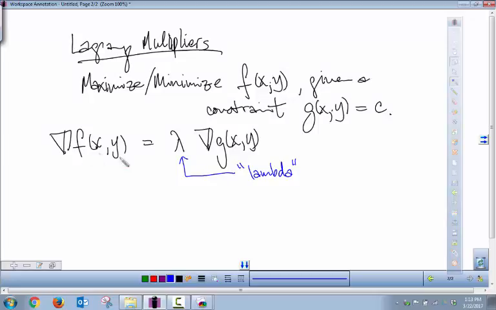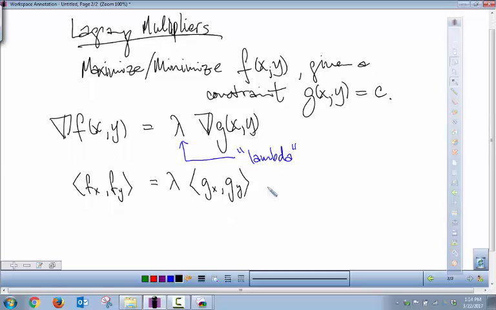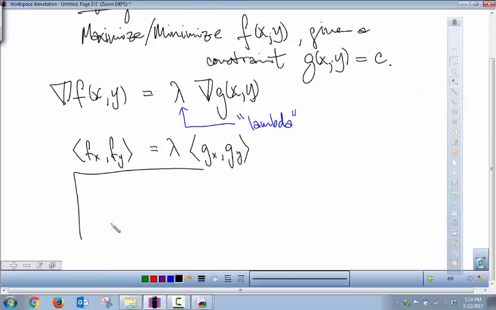If you take a look at the gradient, remember that the gradient is a vector, f sub x and f sub y, times lambda times the gradient g sub x and g sub y. By the way, all these have the variables x and y. So then you have 3 variables that you're looking for.